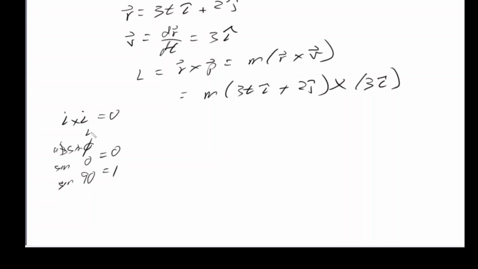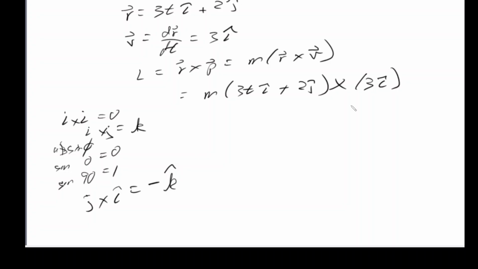However, i cross j is equal to k, because when you do a cross product, you use the right hand rule and your thumb will point in the direction of the product when you cross i into j. But note, with cross products, the order of your vectors is important. So i cross j is equal to k, but j cross i is equal to minus k.